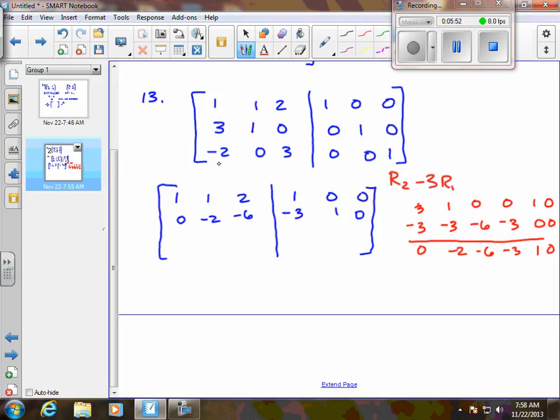My next step is to change the negative 2 to a 0. So I'm going to take row 3 and add 2 times row 1. So that will give me my new row 3.